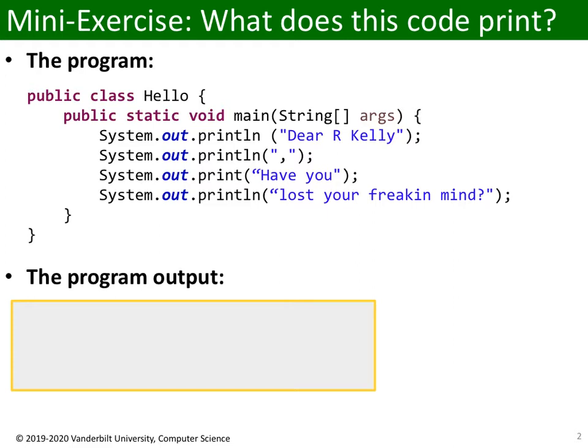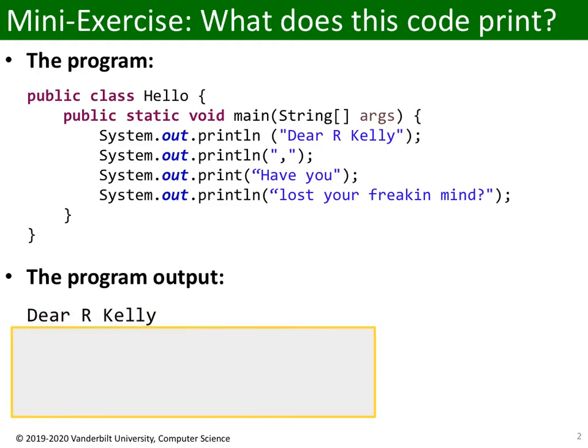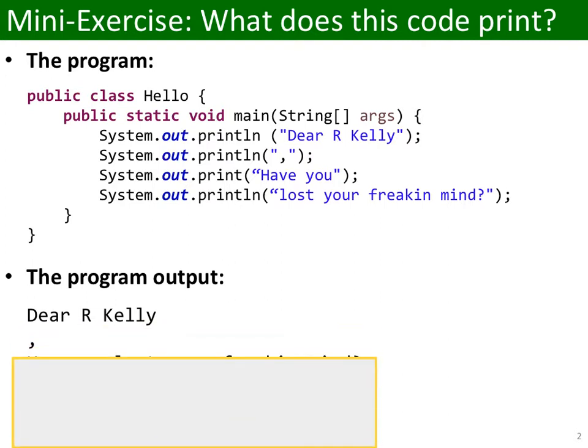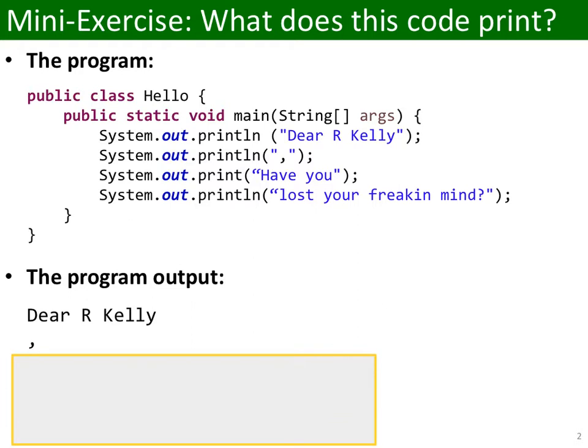We'll see if we're right. Let's move this down. Dear R. Kelly, yes. And then we should have on the next line a comma with a carriage return. Yep. And then we should have you, but notice we didn't use a print line. Rather, we just used a print statement. So that does not give a carriage return.